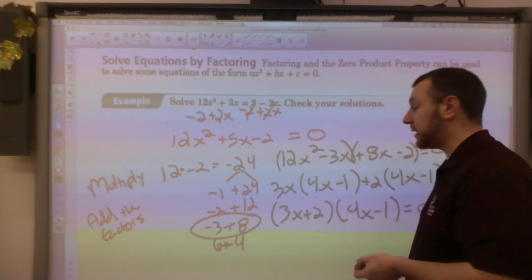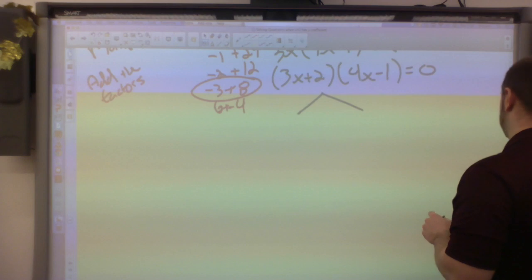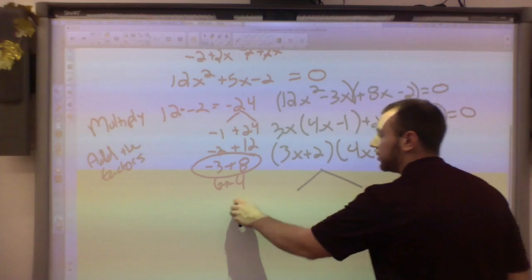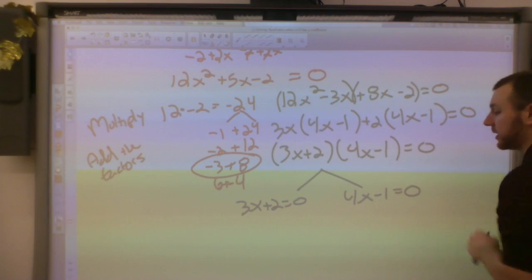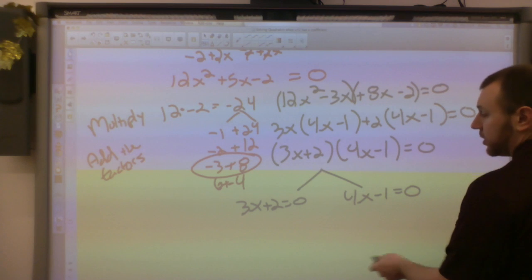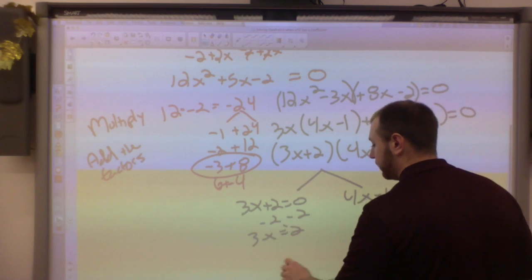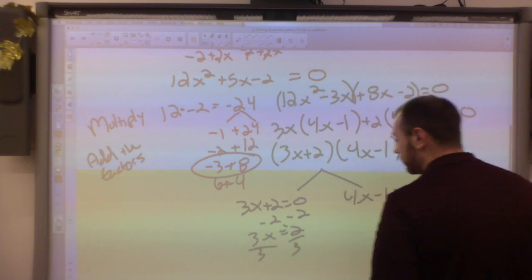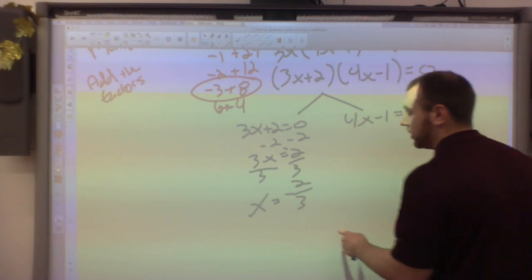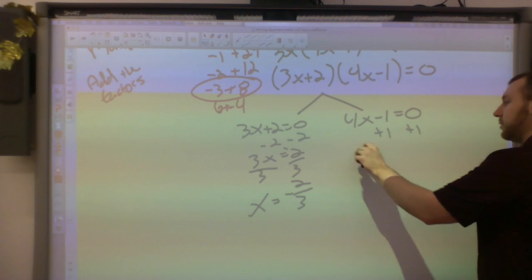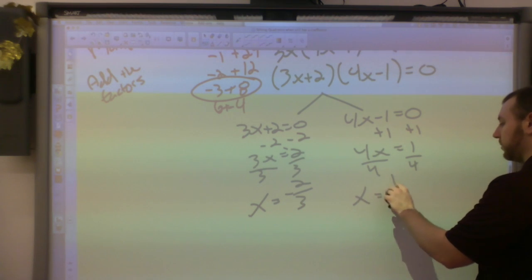Now, using the zero product property, I have to split this. So I have to do 3x plus 2 equals 0 and 4x minus 1 equals 0, because I always have two results. After I solve this, I'm going to get a grand result of x equals negative 2/3 or x equals 1/4.